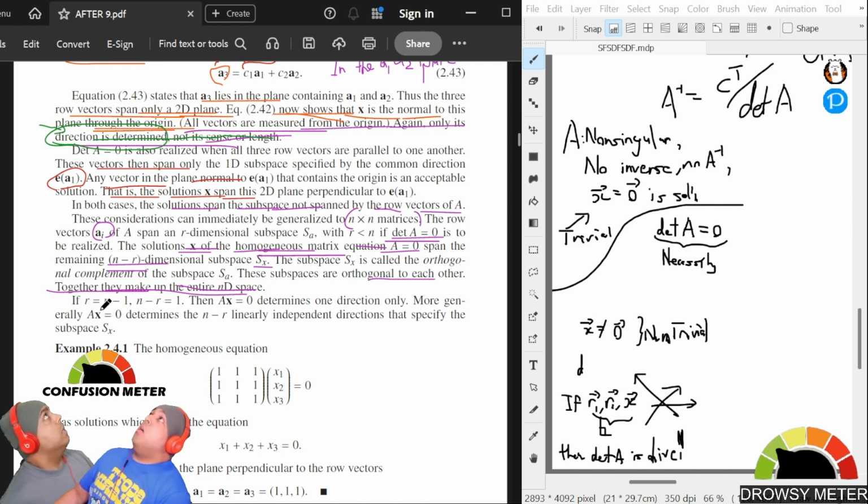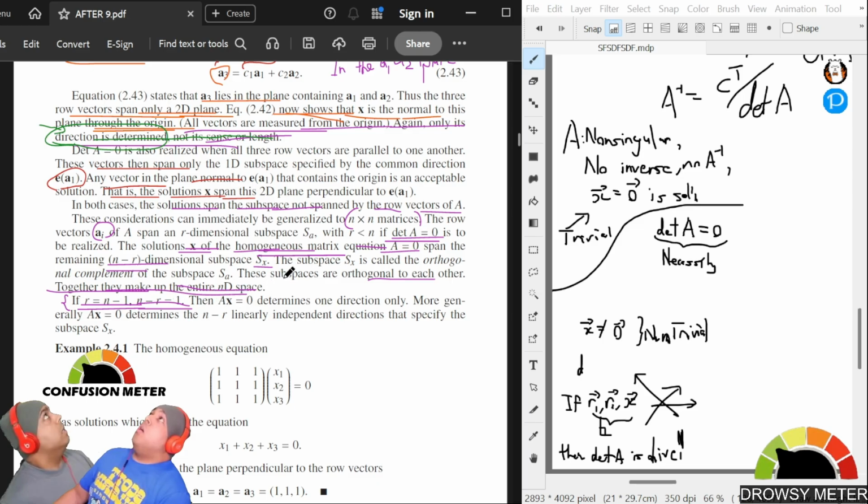It makes sense. If R equals n minus 1, n minus R equals 1. Well, what is the point of this?